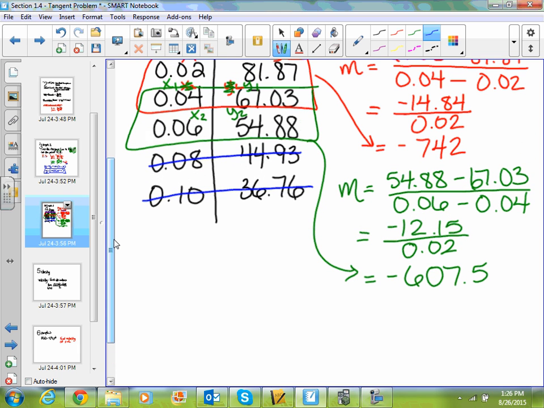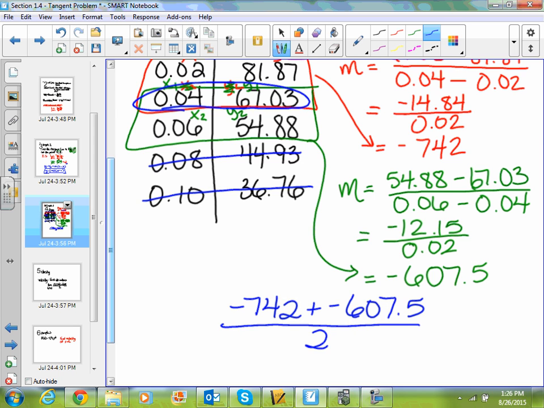My instantaneous slope between 0.04 and 0.06 is negative 607.5. So to find exactly where 0.04 is, we're just going to average these two numbers. So negative 742 plus negative 607.5, and we're going to divide that by 2.